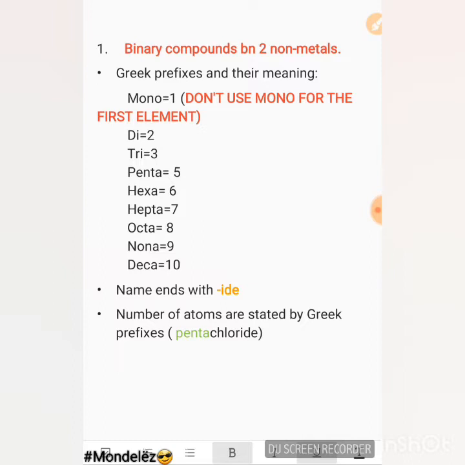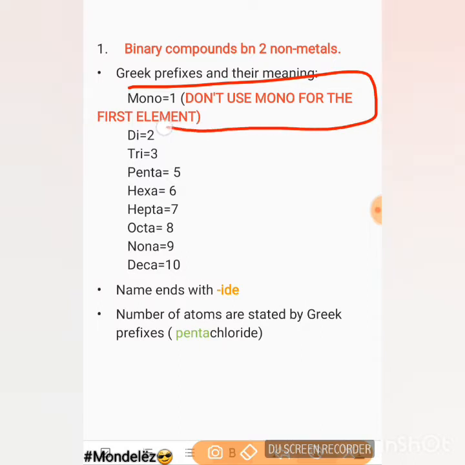Also very important, do not use mono for the first element. For example, if you have CO2, you don't say mono carbon dioxide. It's carbon dioxide. You can use mono for the second element, but not for the first element.